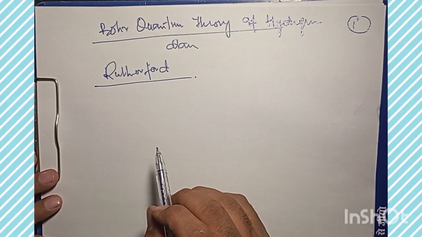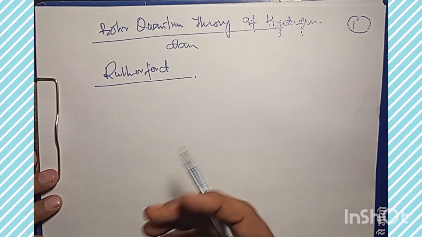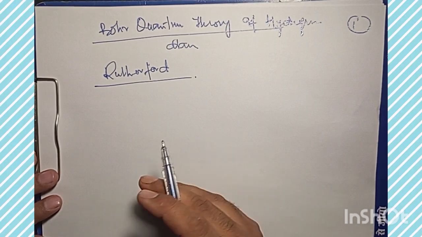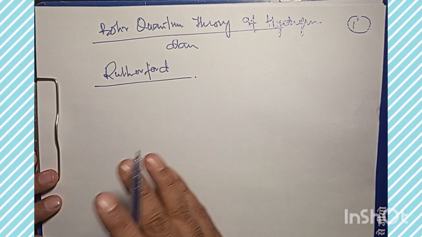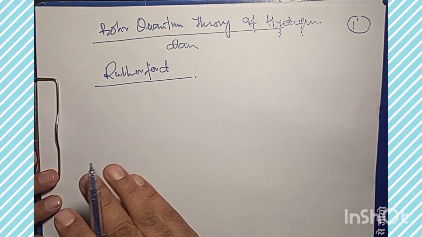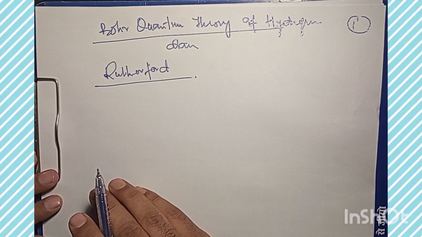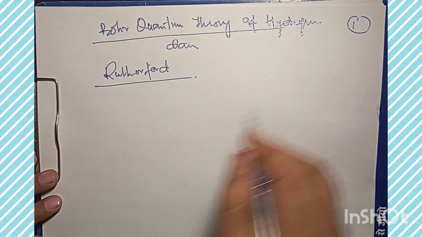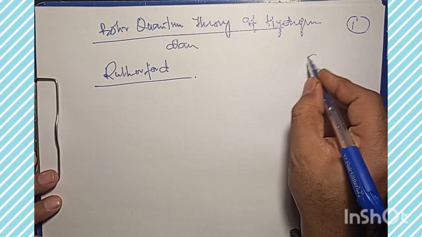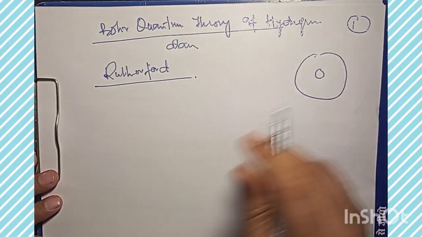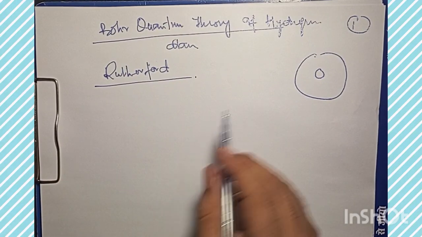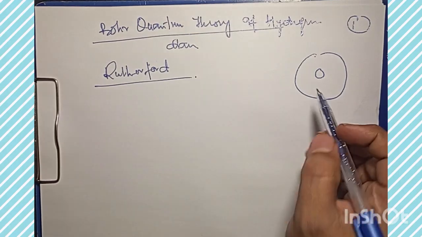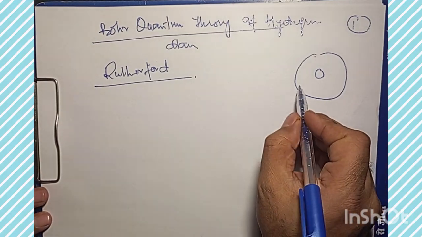But talking about the atomic model, Rutherford could precisely discover the existence of the nucleus inside an atom. And the main difficulty with Rutherford's atomic model was the explanation of the stability of the atom.